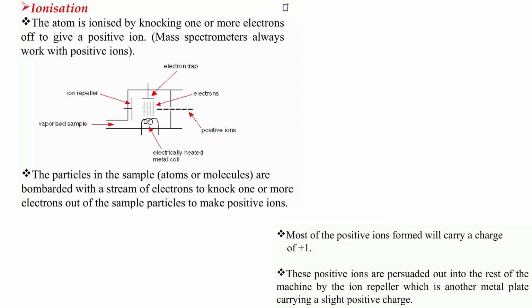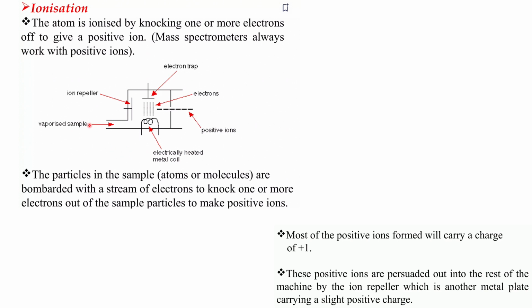The first step is ionization. The atom is ionized by knocking one or more electrons off to give a positive ion. Mass spectrometers always work only with positive ions, and the positive ions formed will always carry a positive charge of +1. These positive ions are persuaded out into the rest of the machine by the ion repeller, which is a metal plate carrying a slight positive charge.